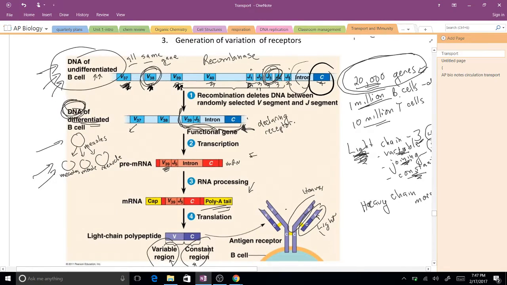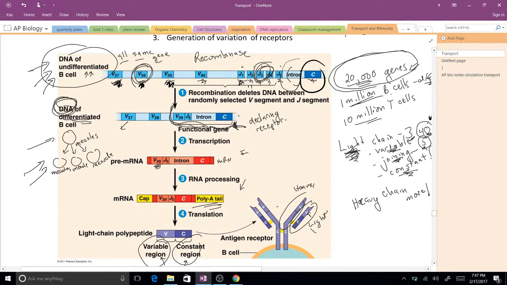And so with these immature B cells, there's an enzyme called recombinase, and it will take these undifferentiated B cells and snip out the variations that it will cut. And this is a random process, and so you can get those 1 million B cells and 10 million T cells.